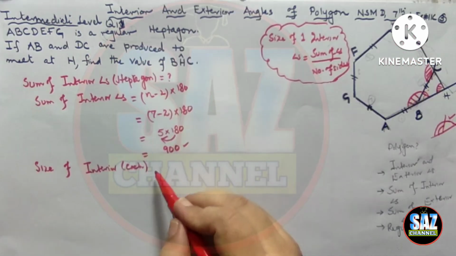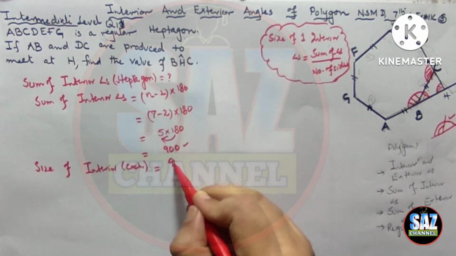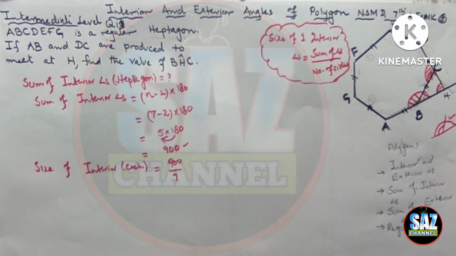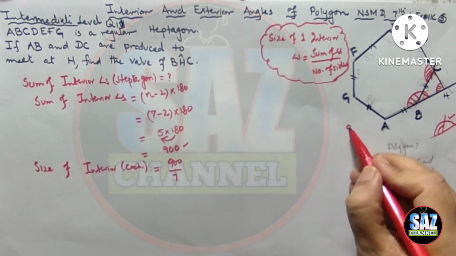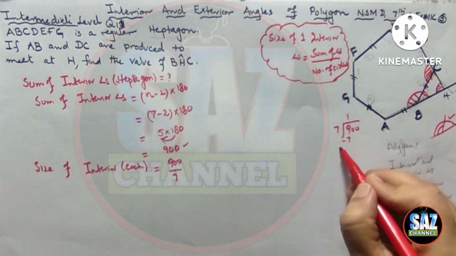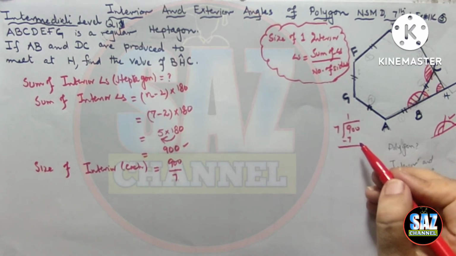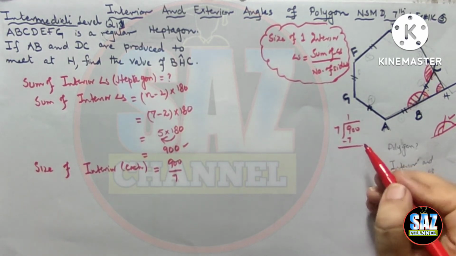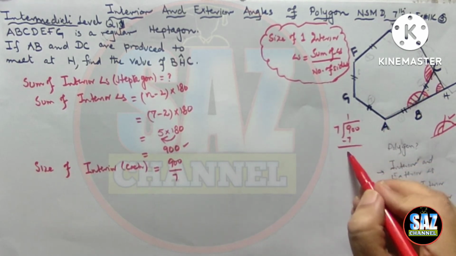Okay, so what we are going to do is divide 900 by 7. Let's try to divide 900 by 7 mentally. I want to teach my students the calculation without a calculator as well. The purpose of this class is to give the understanding of the topic as well as how to perform the calculations mentally. 7 ones are 7, I'm left with 2.